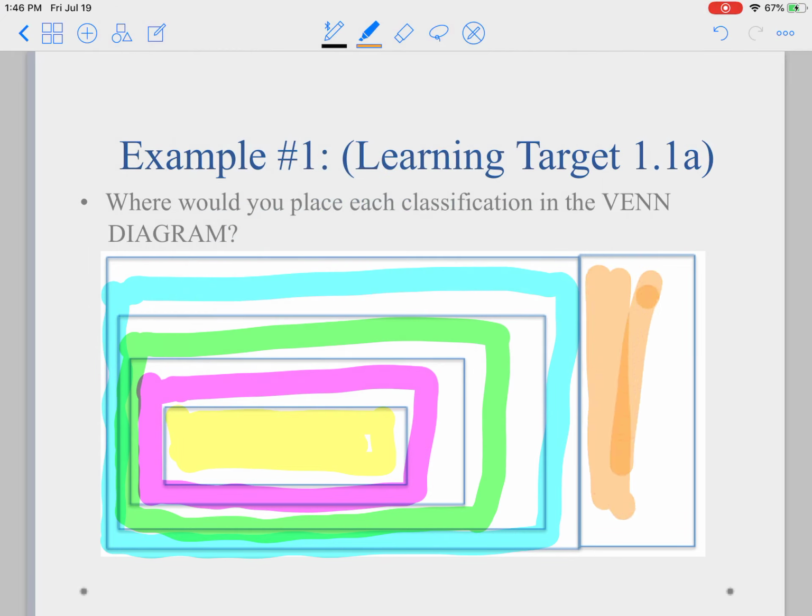Finally, you have this rectangle as the last set that you would classify. So take a moment, think about where you would classify each of the sets we have previously defined. You will have a set in the yellow box, the pink, the green, the blue, and also the final box on the side over here. So hit pause and see what you think would be the proper classifications.